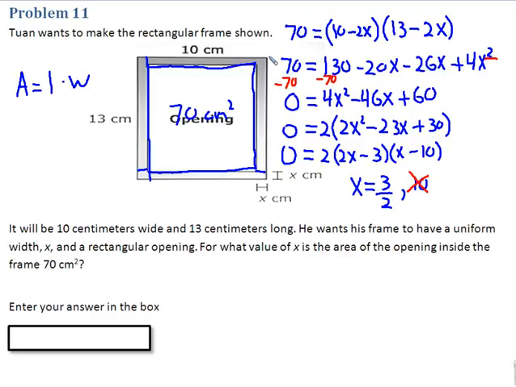That's just not going to work. So it's got to be the 3/2. That's the one that fits. So what I put in my answer box here is 1.5. Don't worry about fractions, just decimals. And like we said, I had a feeling things would work out nicely just because we're using an answer box. We're not using a multiple choice answer.